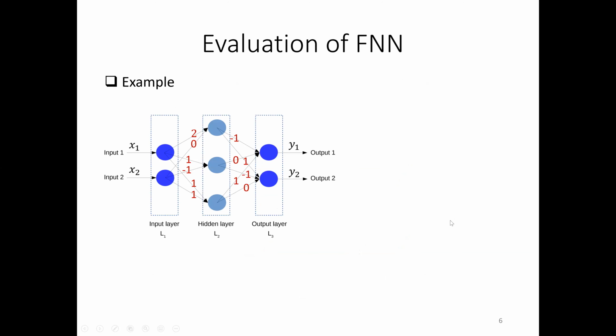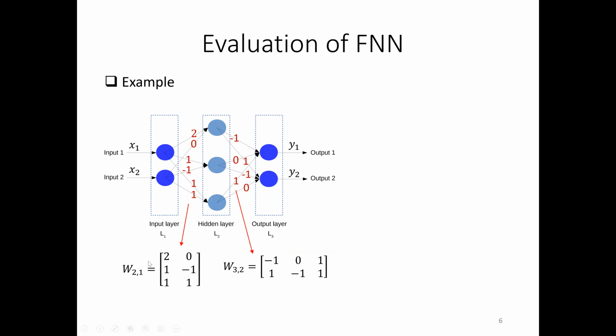Okay, so this is an example of how we evaluate a feedforward neural network. Now you have two inputs, X1, X2. If I give these inputs specific values, I want to compute the output of the network. From this you can construct the weight matrices between layers.